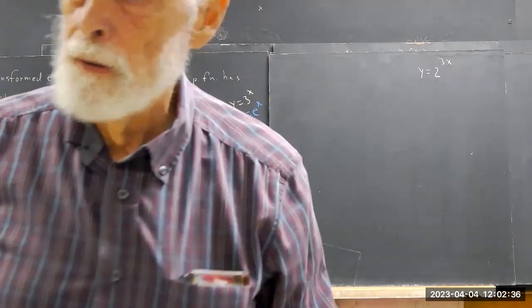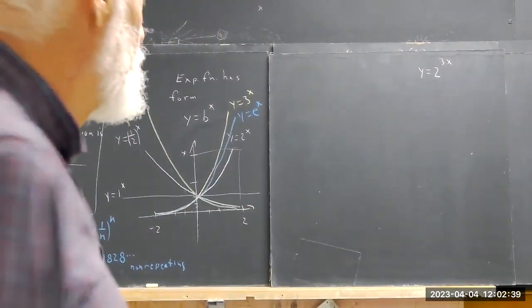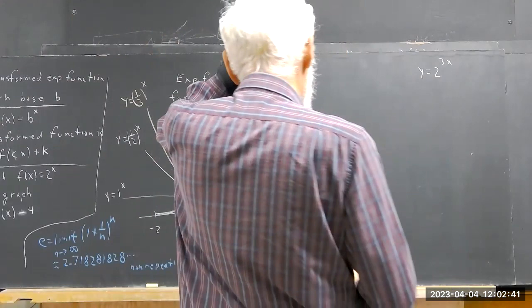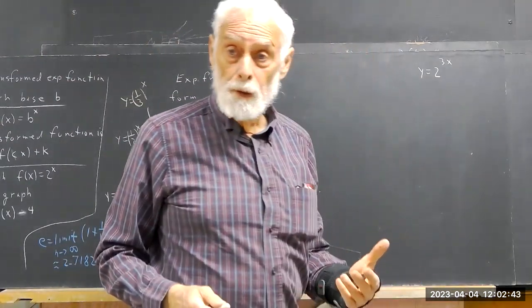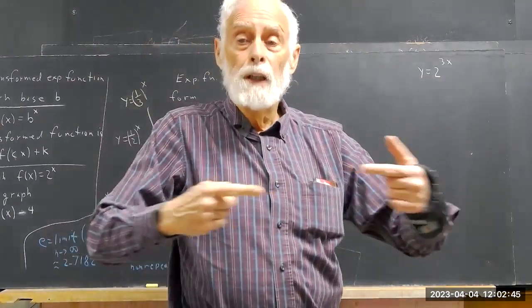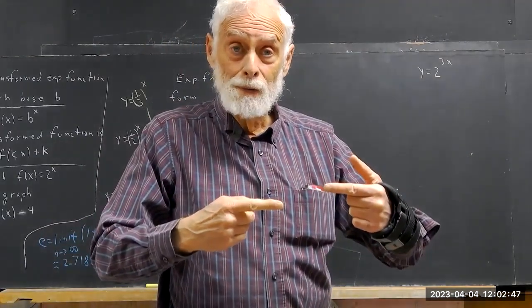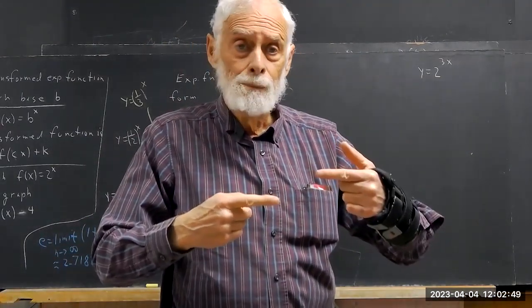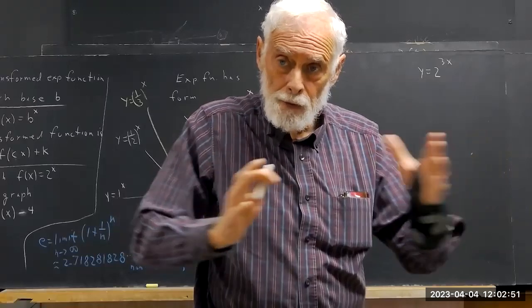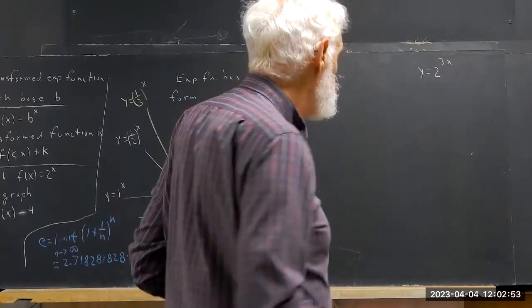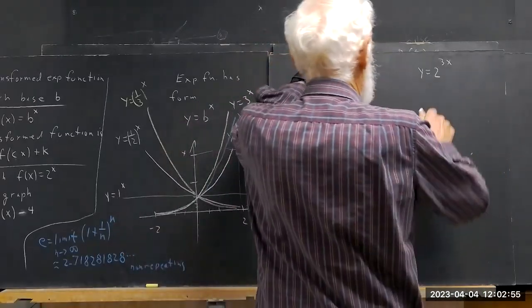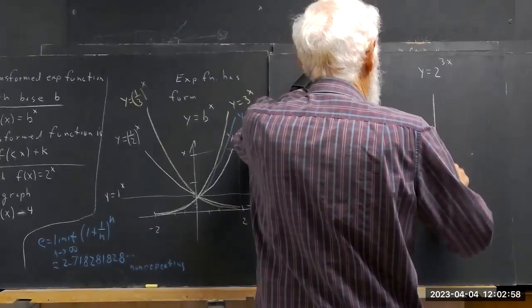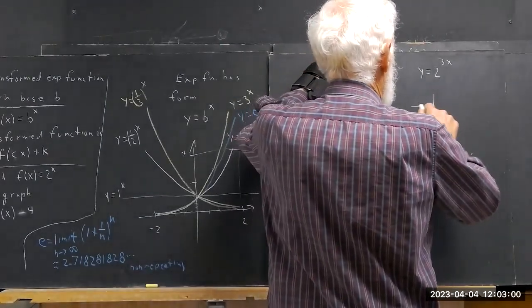To understand the graph of y equals 2 to the 3x, it helps to start with a table. There's a rule, and the rule is that every point moves 3 times closer to the y-axis. So the graph gets squished in this way. Make a table of this function.